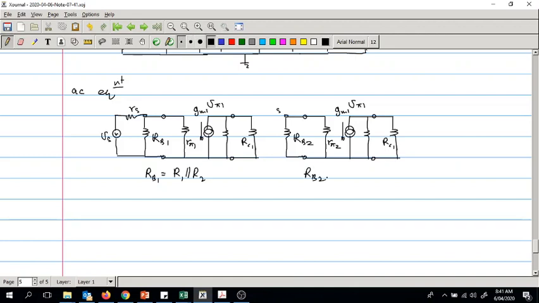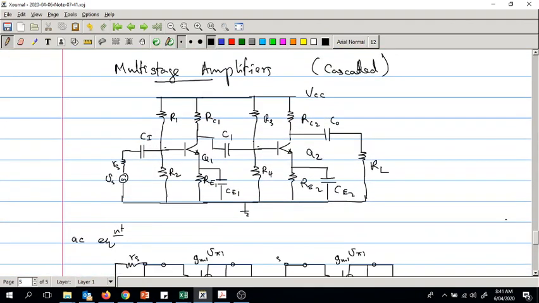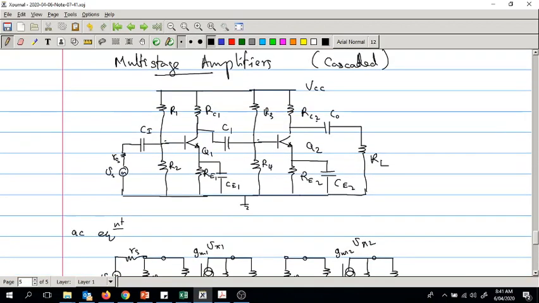RB2 is equal to, according to this circuit, R3 parallel R4. Now this has to be gm2 V pi 2, R pi 2, RB2, and RC2. RE2 is bypassed.